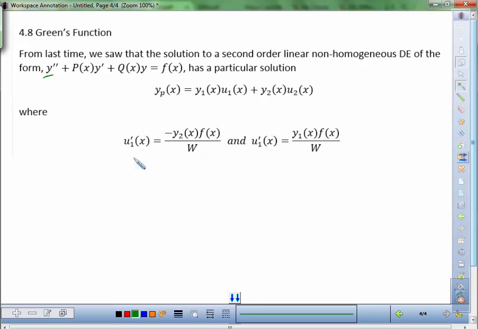That your u1 prime, and this should be u2, your u1 prime and your u2 prime can be simplified a little bit to make it look like this. But we still have to take one more step, and we're interested in finding the original u1 and u2, so we would need to integrate this, right?